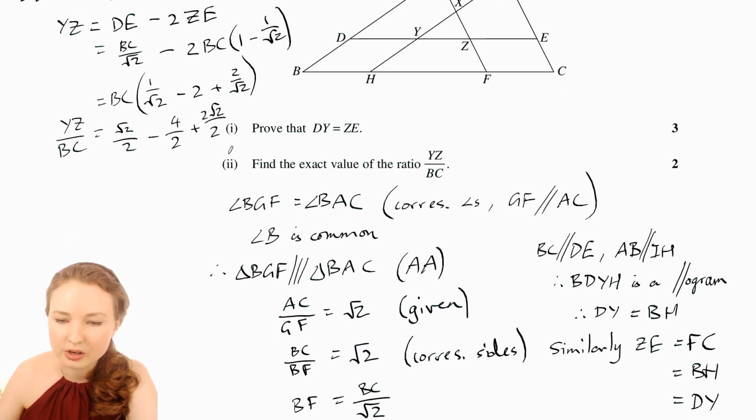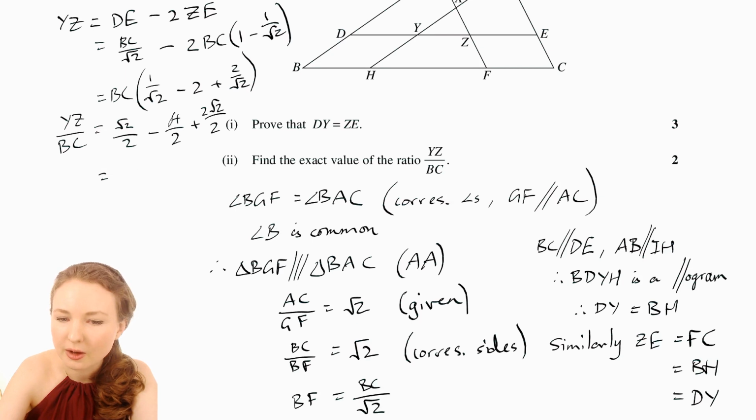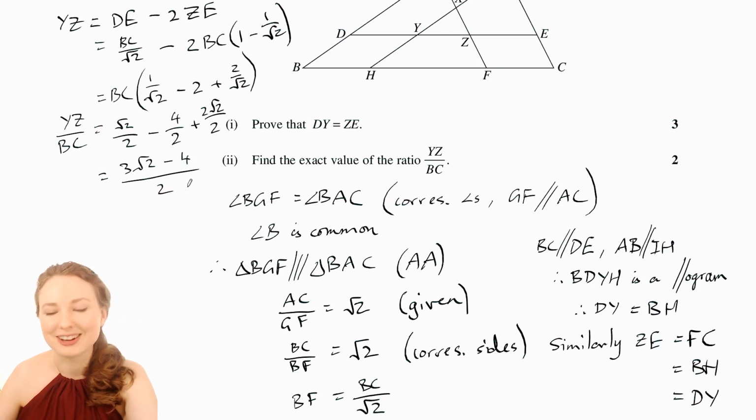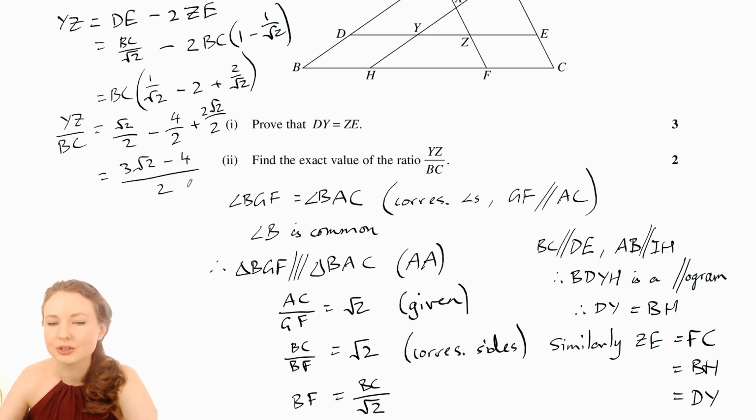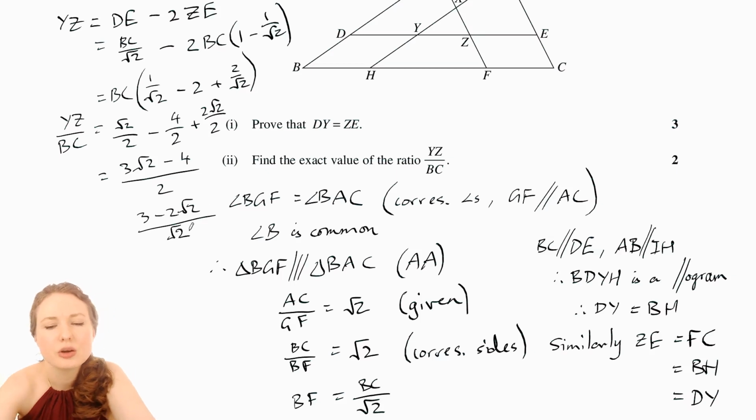So that makes 3 root 2 minus 4 all over root 2. So that's it for that one. I just noticed in the solutions they didn't rationalize the denominator. So they got 3 minus 2 root 2 over root 2, which I would say is not really correct to leave it in that form, but whatever.